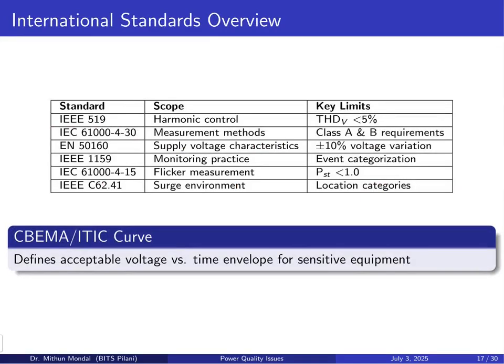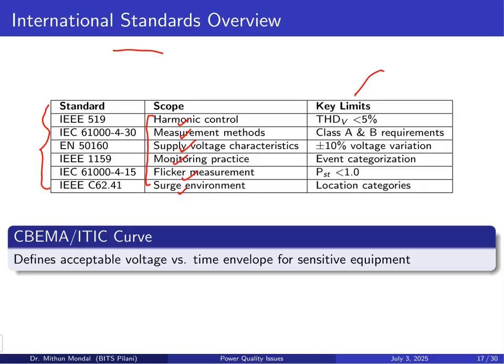If we talk about certain standards internationally, there are different IEEE, IEC, and EN standards which cover the different issues of power, whether in terms of harmonics, measurement method, supply voltage characteristic, monitoring practice, flicker measurement, or surge environment.